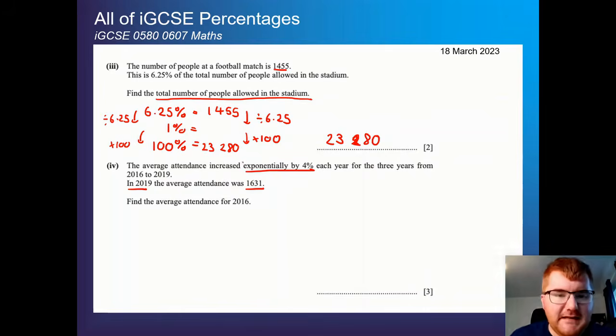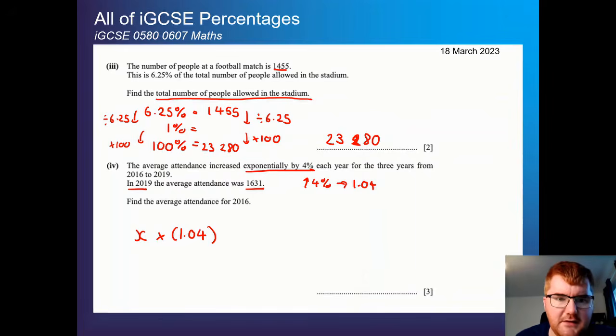And we want to find the average attendance for 2016. So we don't know what the initial attendance in 2016 is. Let's just call that X, but it increased exponentially by 4%. So it's an increase of 4%. So a multiply of 1.04.